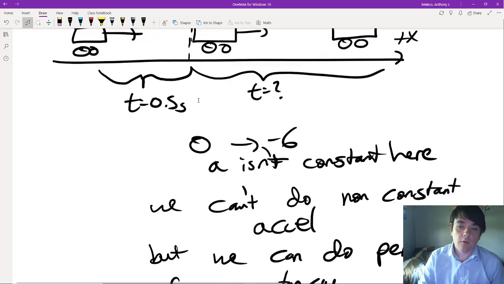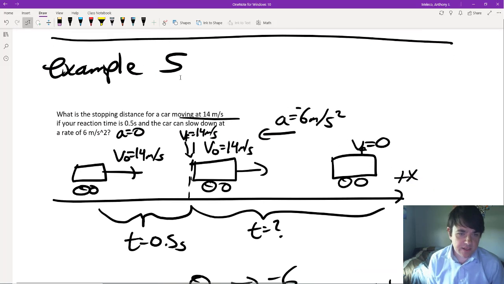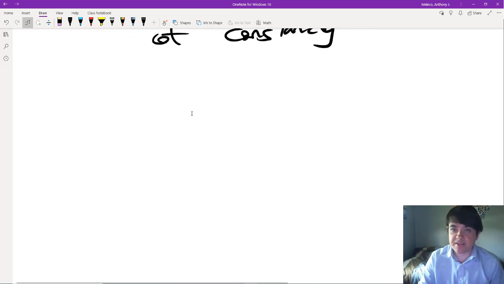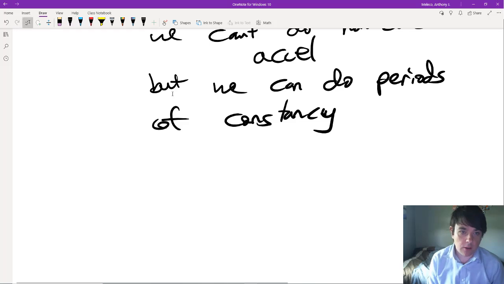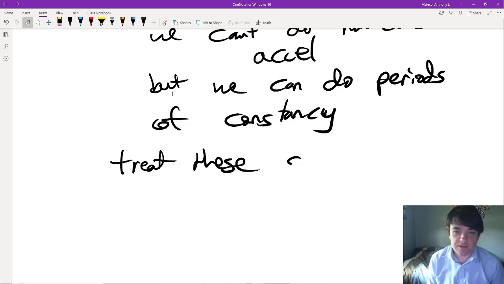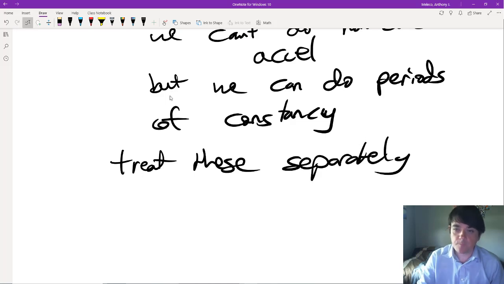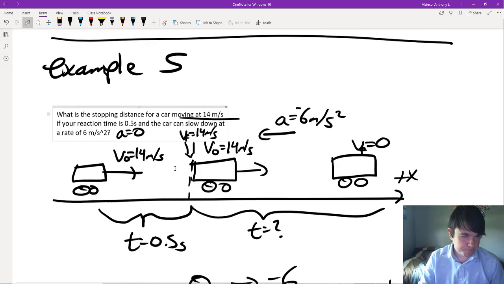Meaning, for this entire section, for this first 0.5 seconds, we can do A is 0, and we can cover this motion here. Here, we can cover this motion, but we need to treat them as separate problems, okay? So treat these separately, okay?